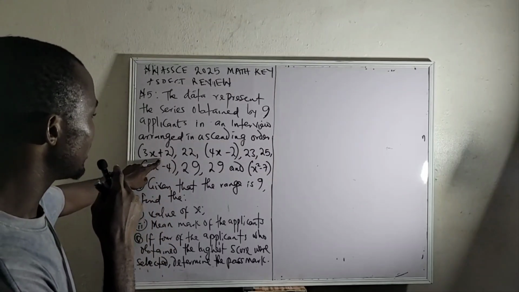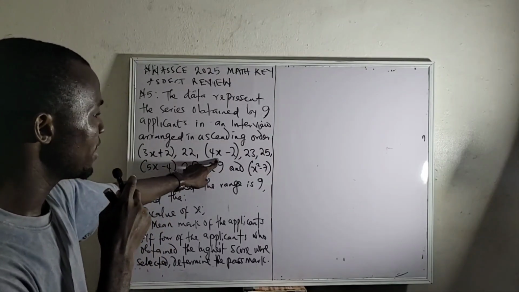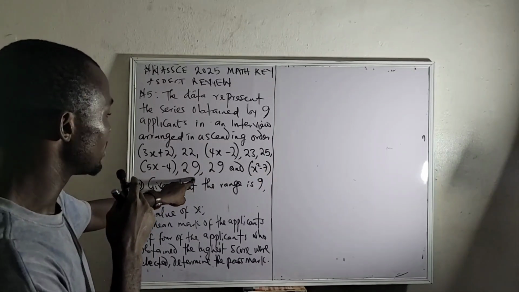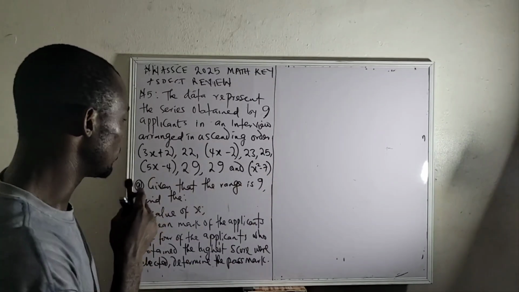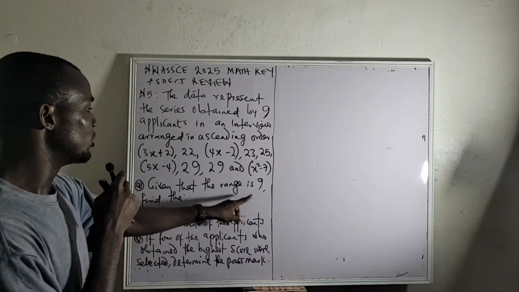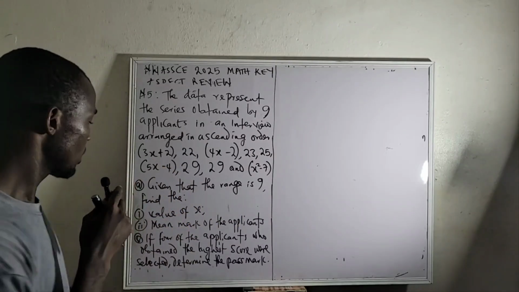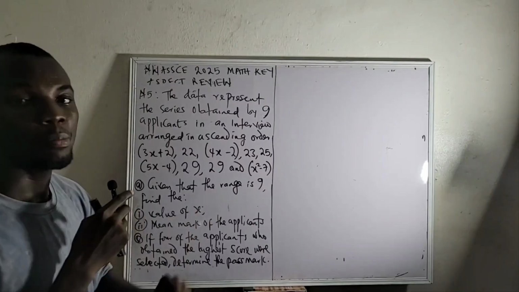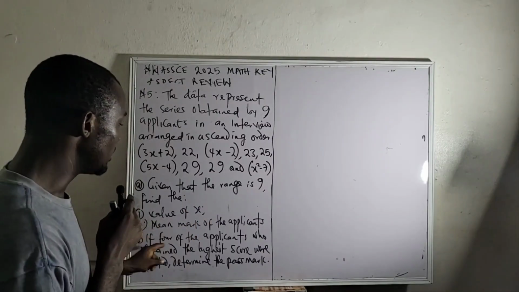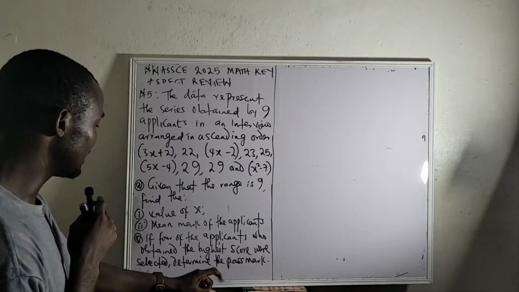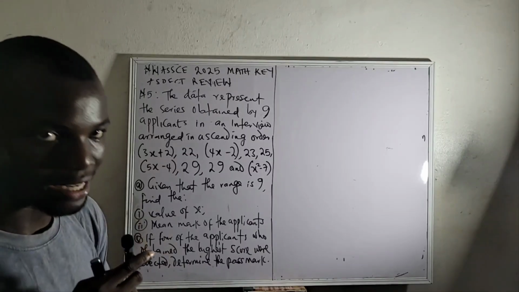We have 3x plus 2, 22, 4x minus 2, 23, 25, 5x minus 4, 29, 29, and x squared minus 7. Given that the range is 9, find the value of x, the mean mark of the applicants, and if 4 of the applicants who obtained the highest score were selected, determine the pass mark.